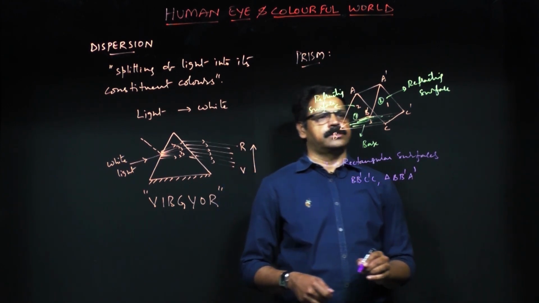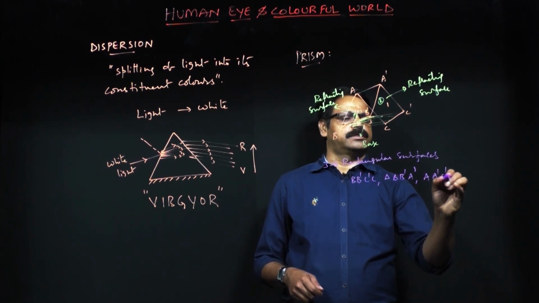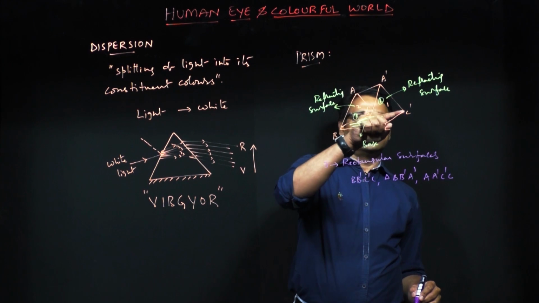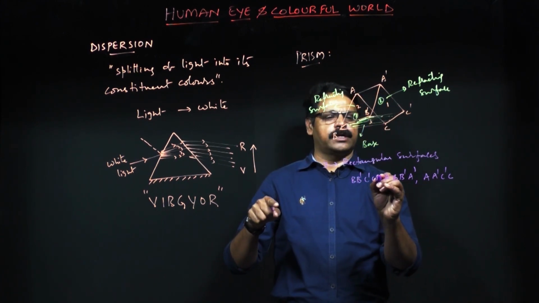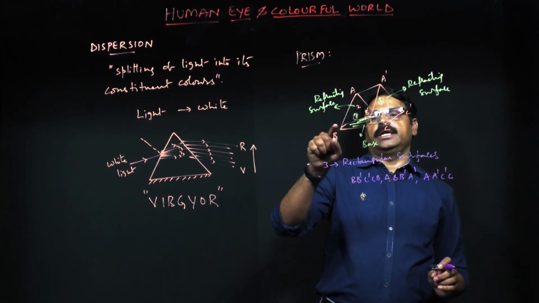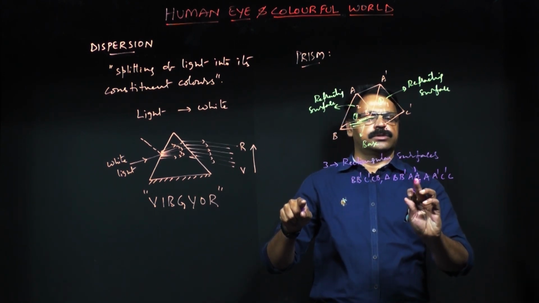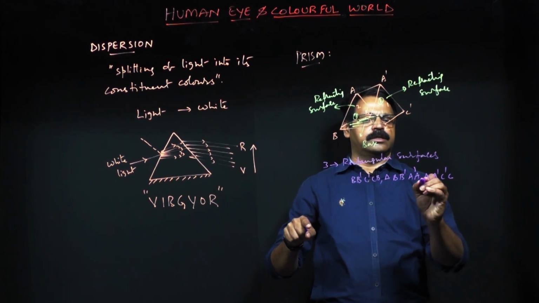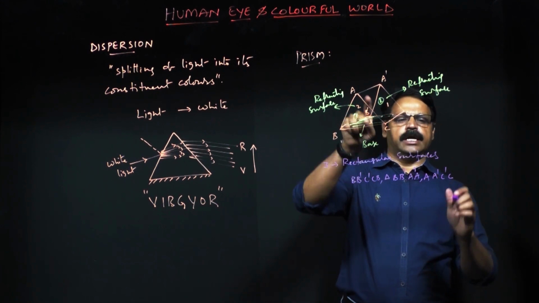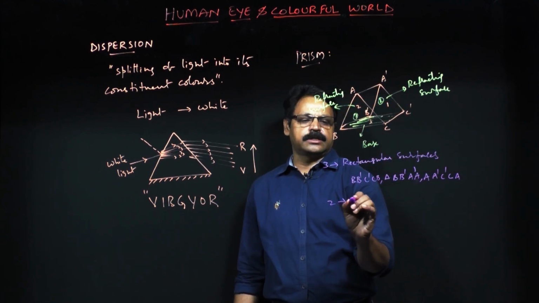This is one more surface, and the other surface is A dash, C dash, C. In fact, you can call it B dash, C dash, C, and again coming back to B. This is one surface, and here AB, B dash, A dash, and again back to A. This is one surface, and the third surface is going to be A dash, C dash, C, and again back to A. These are the three rectangular surfaces and two triangular surfaces.